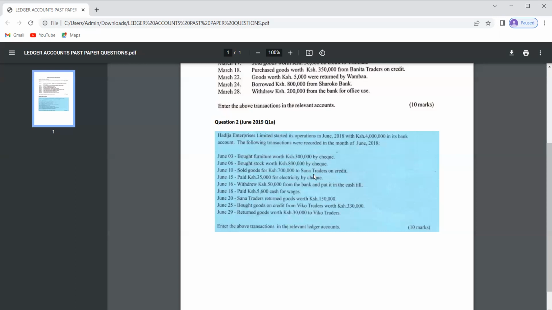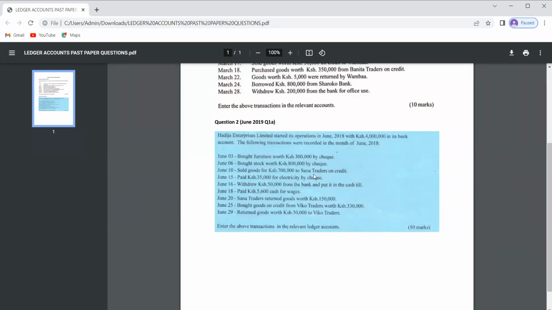Then on 10th, we are told that we sold goods for 700,000 to Sana Traders on credit. Anybody who can try? We open a sales account and Sana Traders.